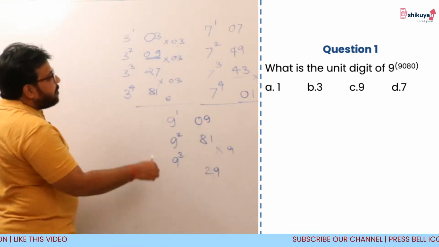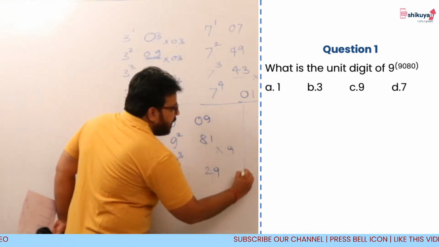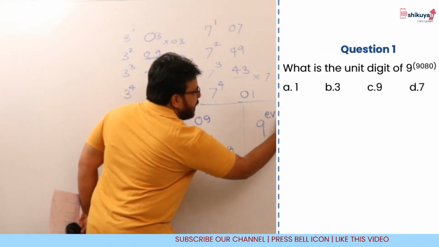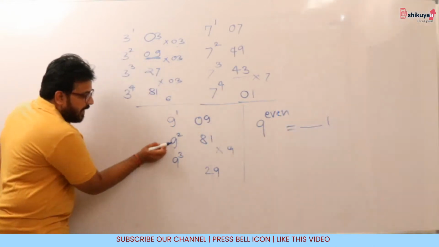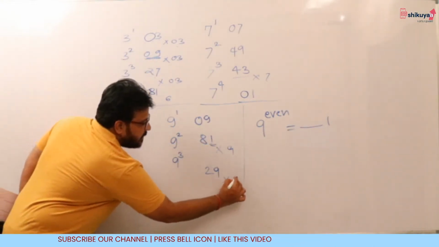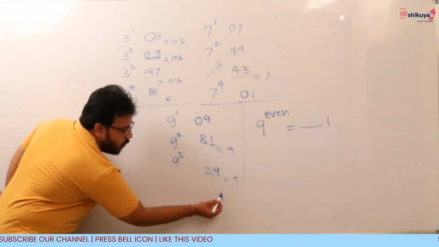So if you look at the pattern, whenever there is a number with 9 raised to even, the ending value is always 1. Because look at this, 9 raised to 2 is always ending in 1. I am going to multiply this by 9 again. So 9 nines are again 81, so 1.